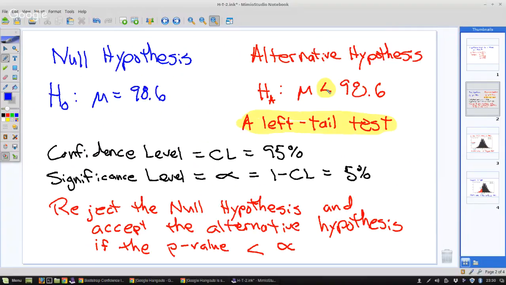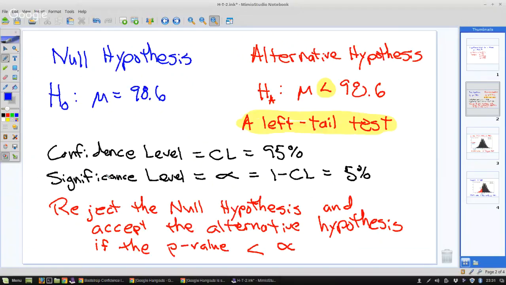When we do a hypothesis test, we want a significance level. And the confidence level is going to be pretty standard. It's not too low. In a hypothesis test, the significance level is always 1 minus the confidence level. So it's the percentage.